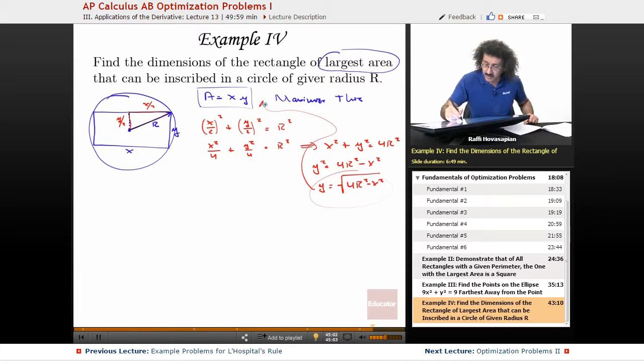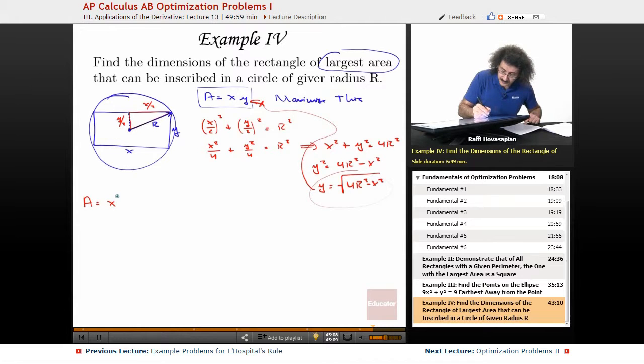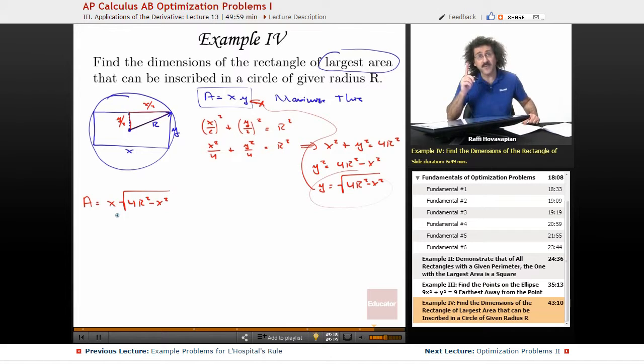This is what I plug into here. Therefore, I get an area, which is equal to x times the square root of 4r squared minus x squared.